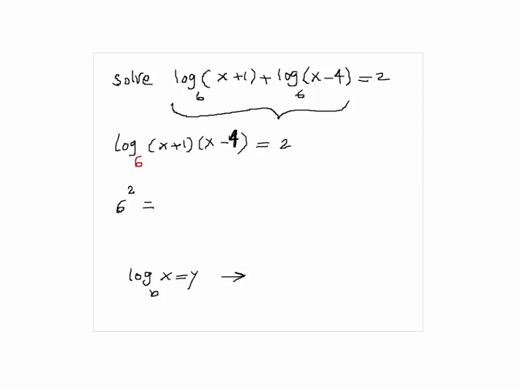We will change it to the exponential, get b to the power of y is equal to x. So my b is 6, my y is 2, so what is x? 6 to the power of 2 is equal to what? What is x in this case?